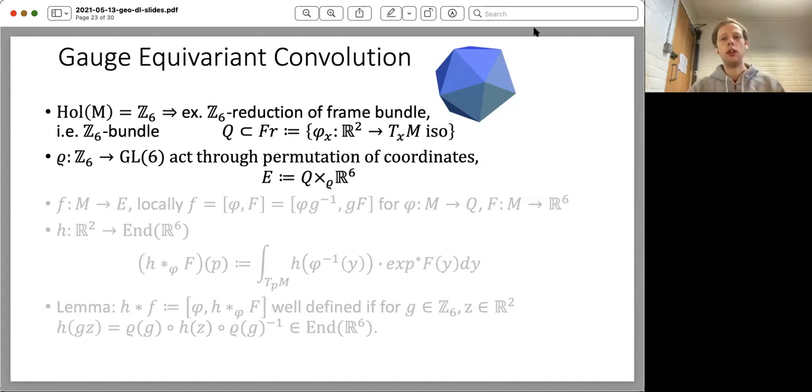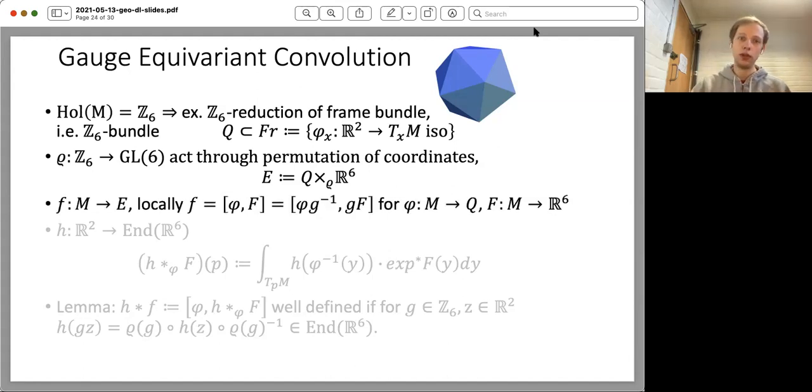So I didn't write down the definition of associated bundle. If you haven't seen it before, it's probably difficult to process now, but you see the definition here in the next line. A section of this associated bundle, a map F from M to E, locally looks like a tuple phi comma F, where phi is a map into Q and F is a map into R6.